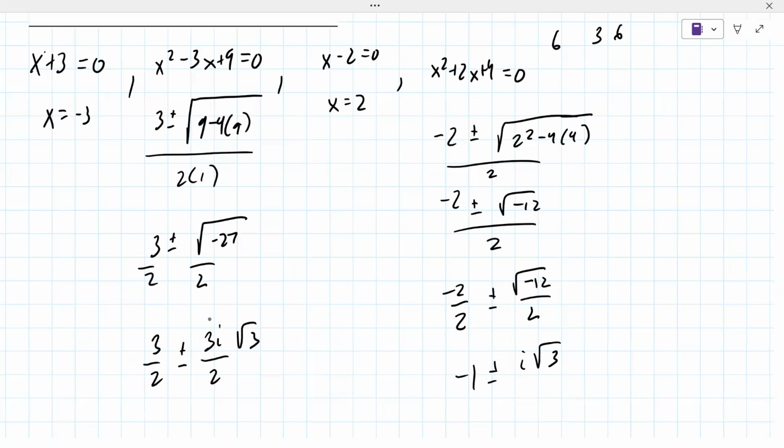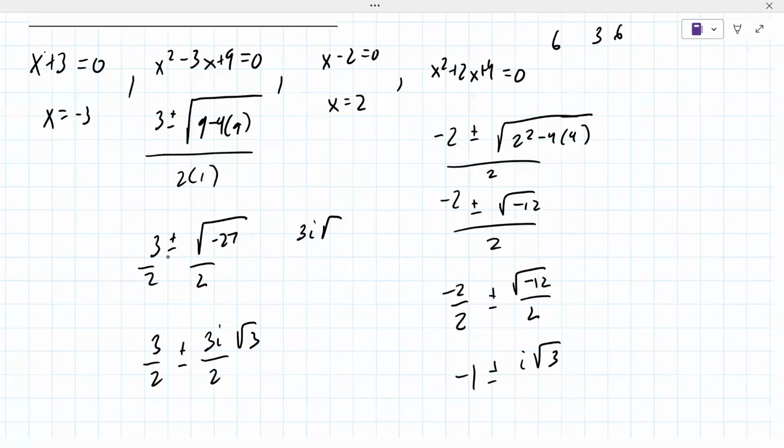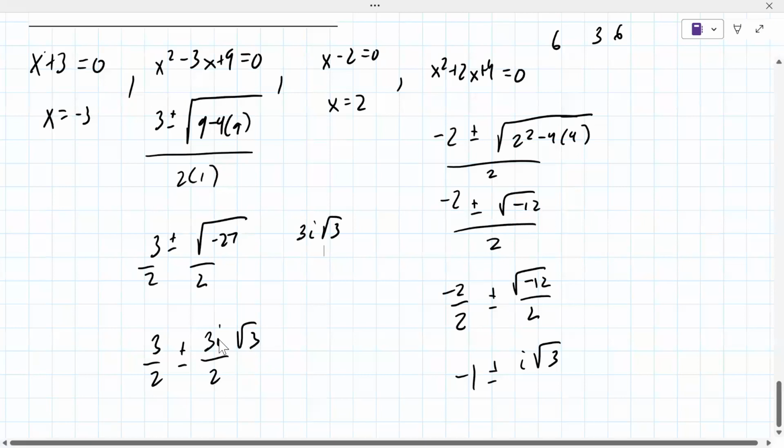Wouldn't the one on the left be 3 plus 3i over 3? Simplified that way, actually. Square root of negative 27 is 3i root 3. So that's where it goes in the top. Yeah, so this is negative 27. Oh yeah, never mind. I was thinking something else.